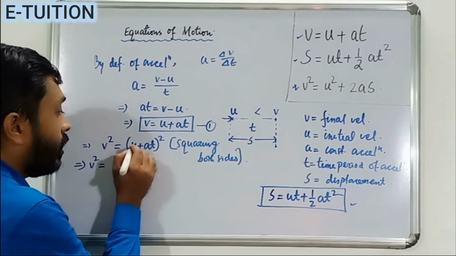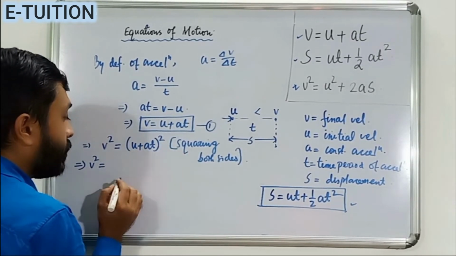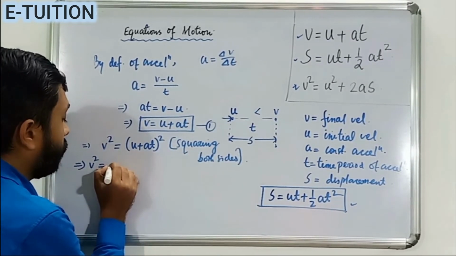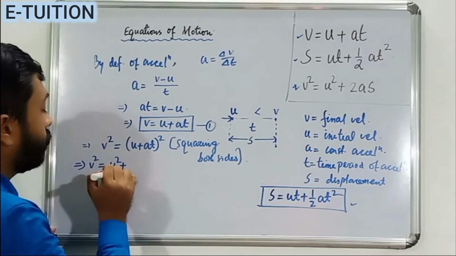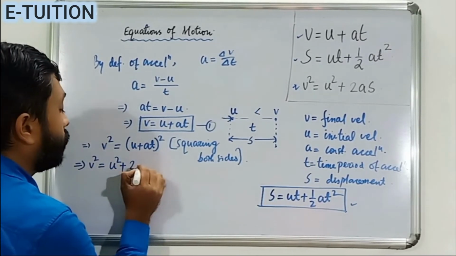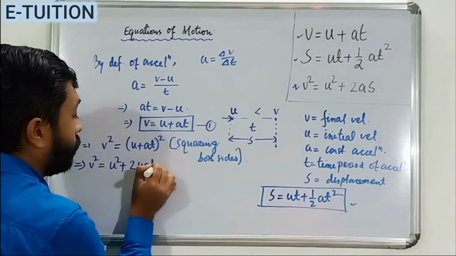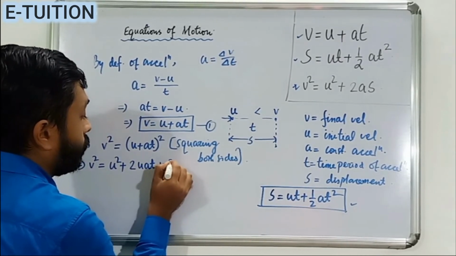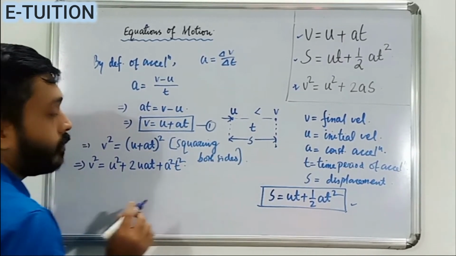What was it? a square plus 2ab plus b square. Is it okay?